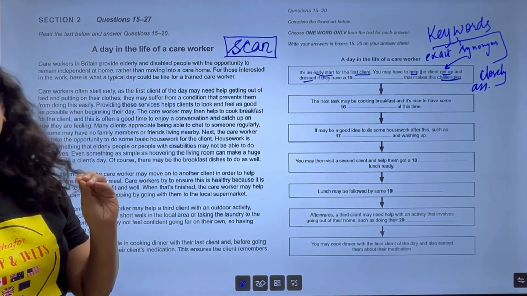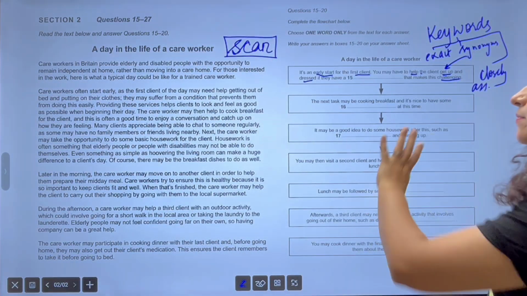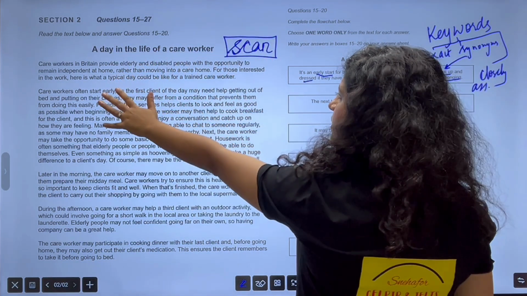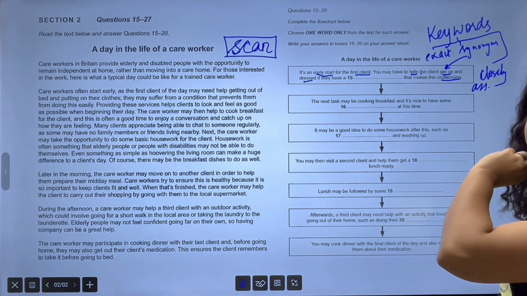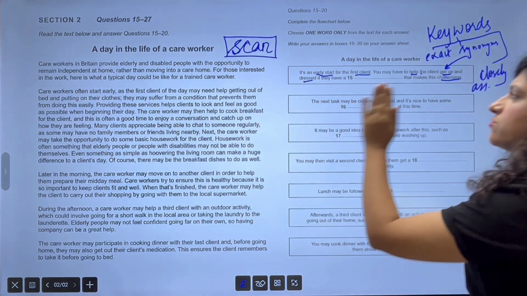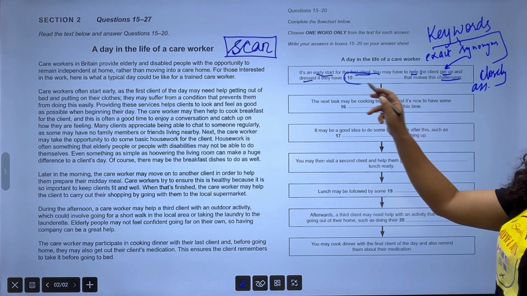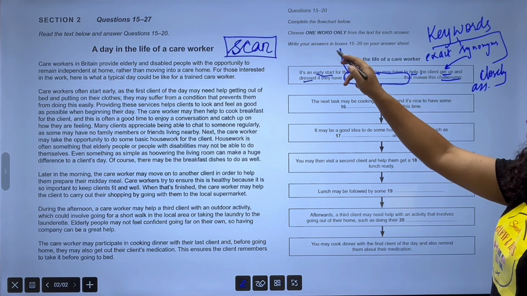That is what you have to keep in mind, first of all. And then once you think you have located the keyword or keywords, read around those keywords to find the correct answer.